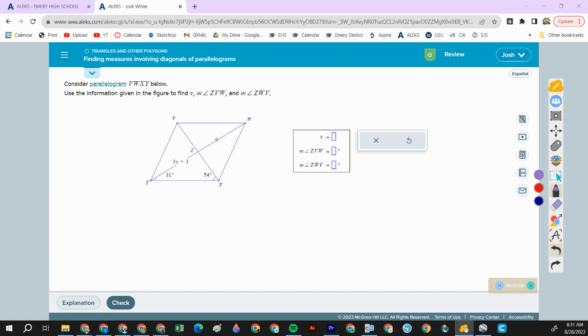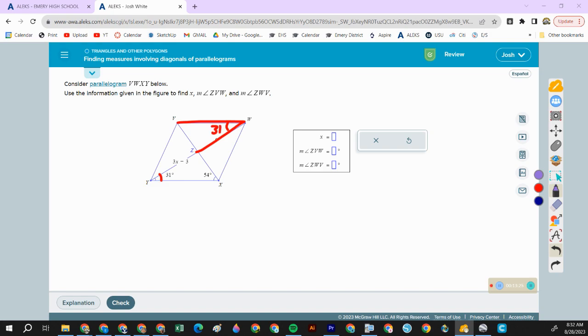So I need to find angle ZWV. How big is that angle? 31. Yep. That angle and this angle are equal. So this is 31.